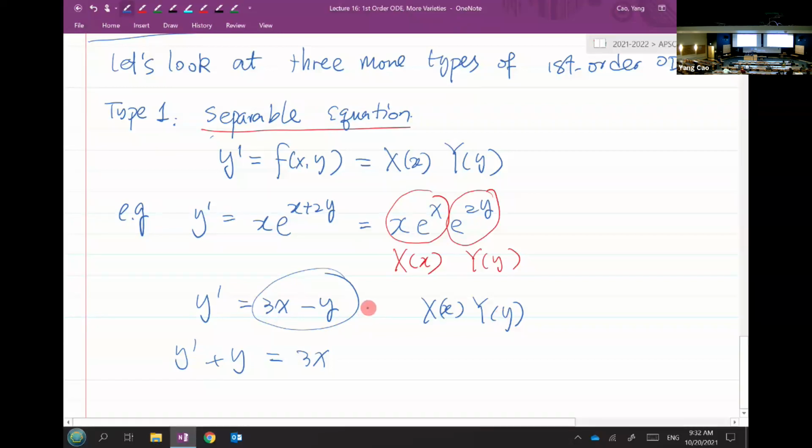Do you think you can write this as a multiplication of two functions like this? No, sorry, you can't, because there's 3x minus y added here.